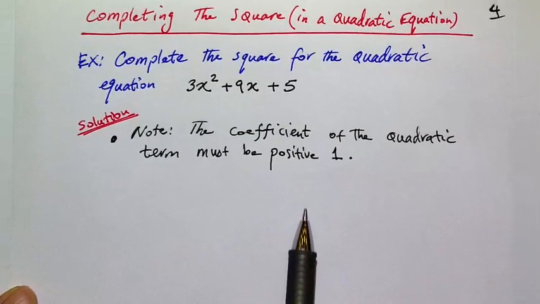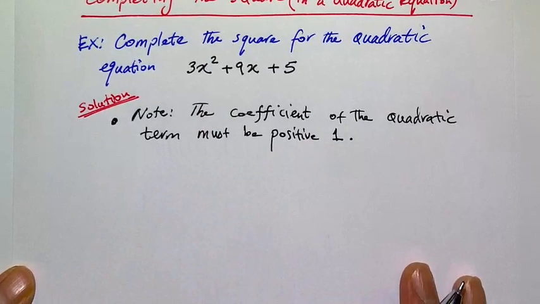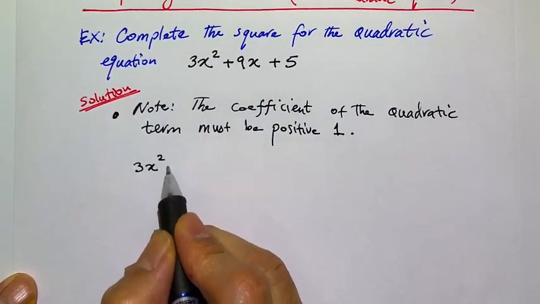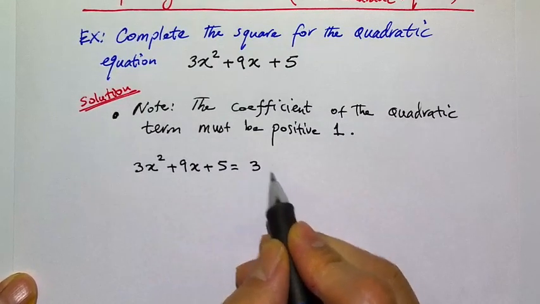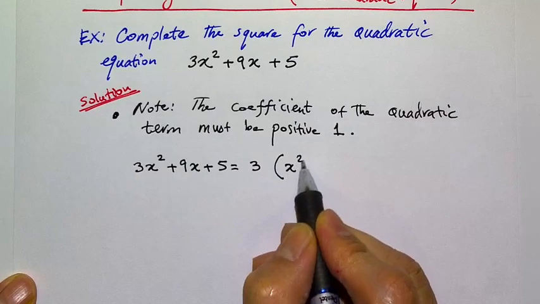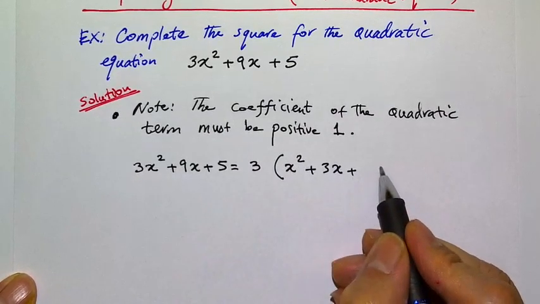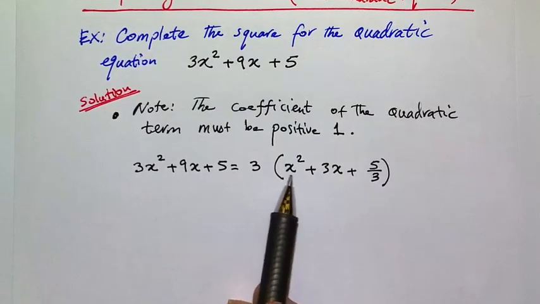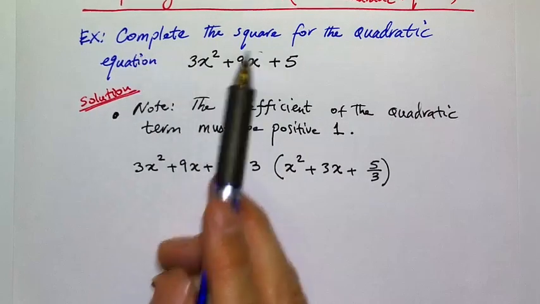Okay, so let us factor this. Factoring, we have 3 times x squared plus 3x plus 5 over 3, right? So now the coefficient of this quadratic expression is positive 1, and we can apply the completing the square technique to this.